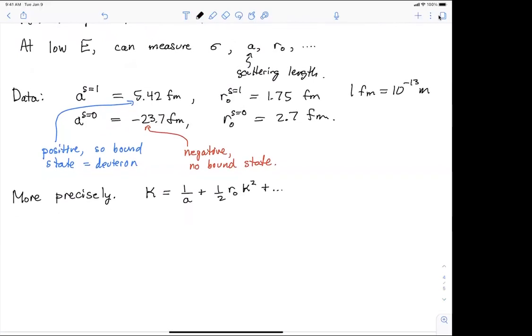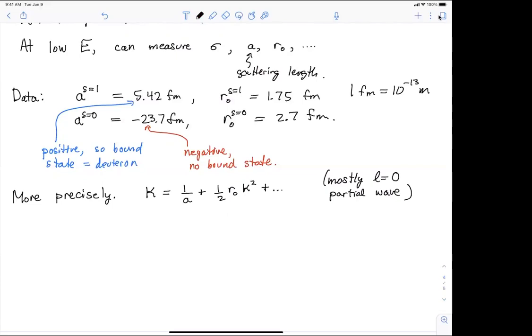Oh, one thing I forgot to mention is I said this was the spin 1 channel. It also turns out to be mostly, but not entirely, the L equals 0 channel, the L equals 0 partial wave. But the strong nuclear force is very complicated, and therefore it's not entirely L equals 0.